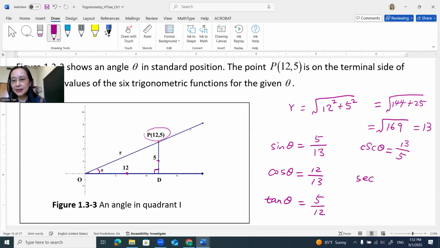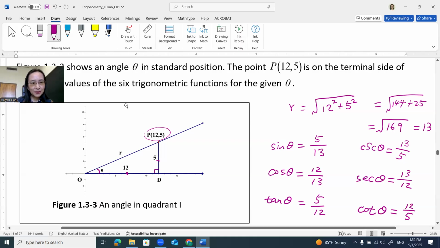Secant theta is r over x, 13 over 12. And cotangent theta is x over y. X is 12, y is 5.